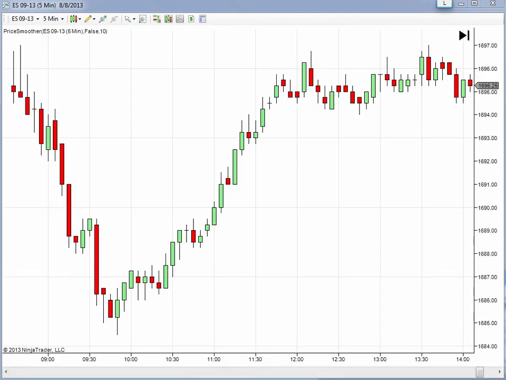Now we can continue to dial in even more and more smoothing to the price, and what you'll see is that the little ripples in the price action begin to flatten out. In other words, it begins to be just basically a flat line, as if you were just following the average overall contour of the price.